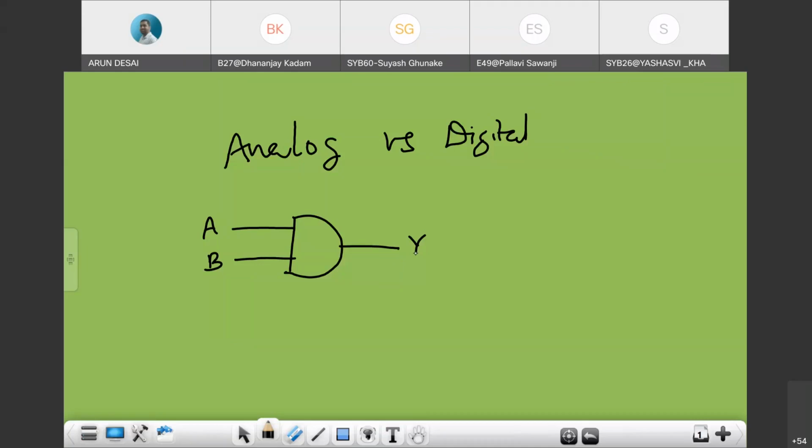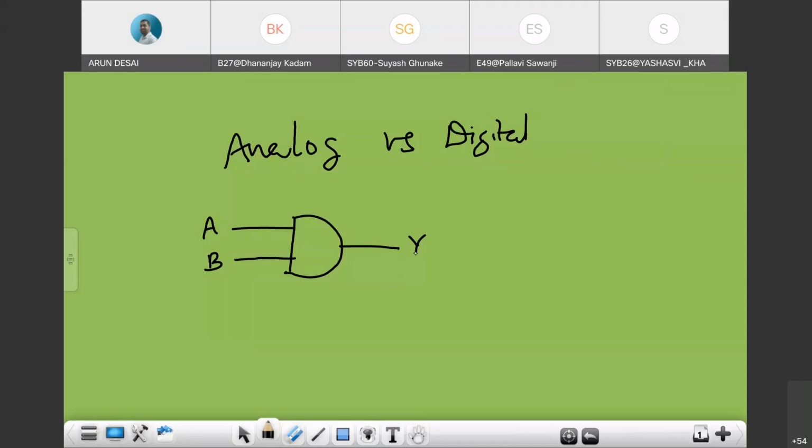Can anyone tell me the meaning of the AND gate or AND operation? It is about combinations.